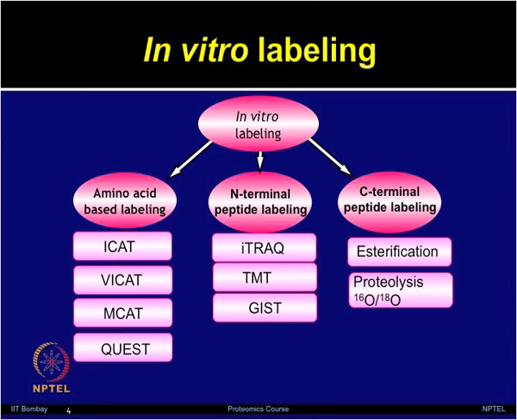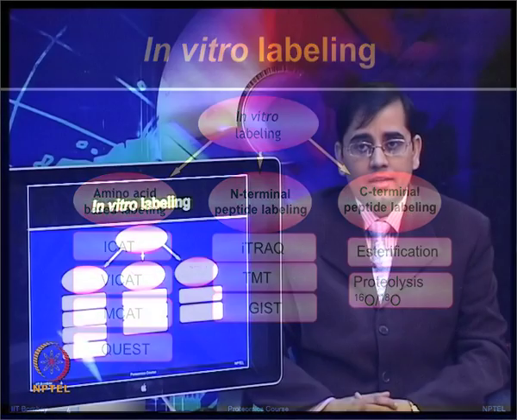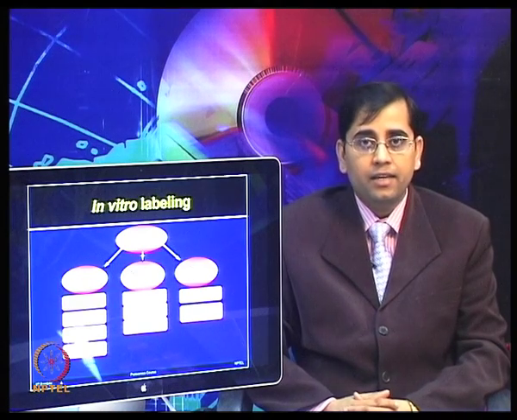Then there are different types of N-terminal peptide labeling methods, such as iTRAQ and TMT, which we are discussing today in detail. iTRAQ, also known as isobaric tagging for relative and absolute quantitation, TMTs are tandem mass tags, and GIST, global internal standard technology. Then there are C-terminal based peptide labeling methods, such as esterification and proteolysis using 16 or 18 oxygen, using different light and heavy forms of oxygen.